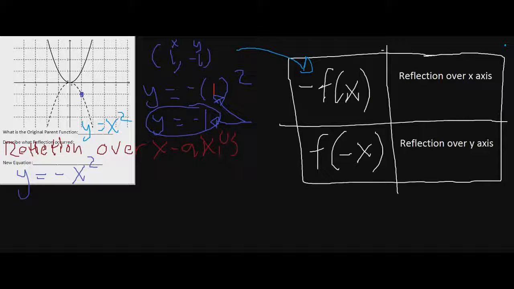If you notice, it took this point and just reflected it. The x value up here is 1, but the y value was 1, and now it's -1. All we're doing is taking our y values and turning them negative, which we see right here. Hopefully that helps to give you an understanding of how reflections work.